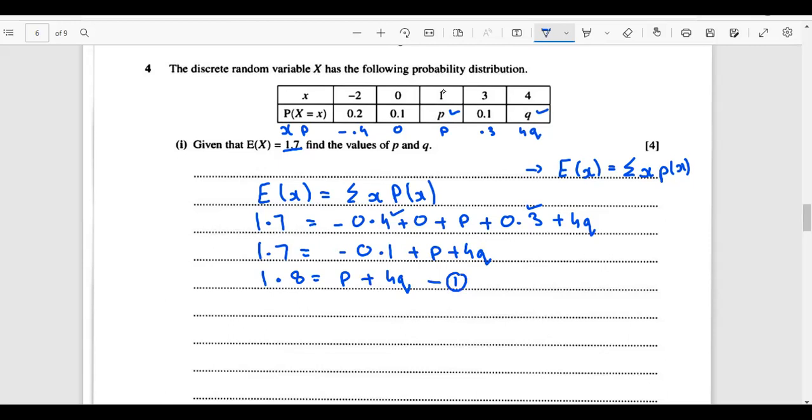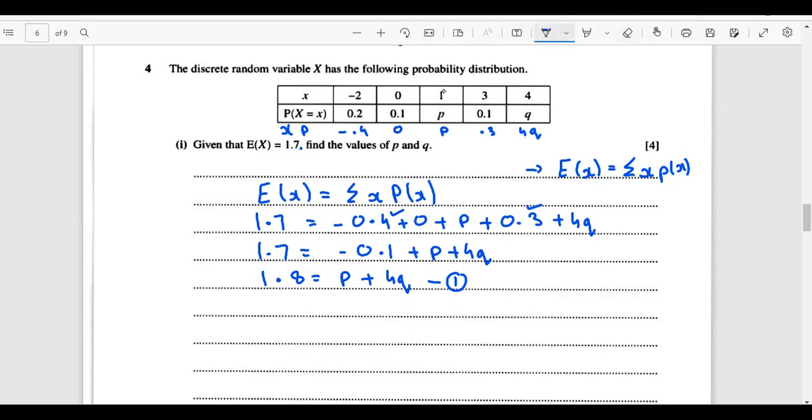Now, obviously, I do see that I have two unknown variables, p and q. This is the first equation which I got from this piece of information, and we do not have anything else. So how do I make the other equation? Can anyone tell me? It is linked with probabilities. That is your hint.